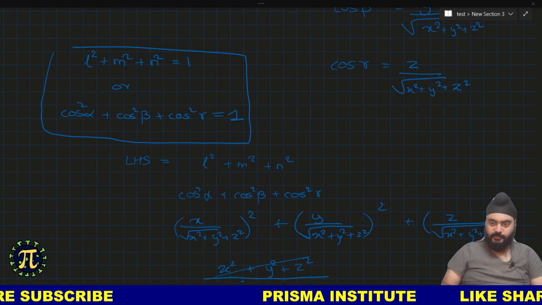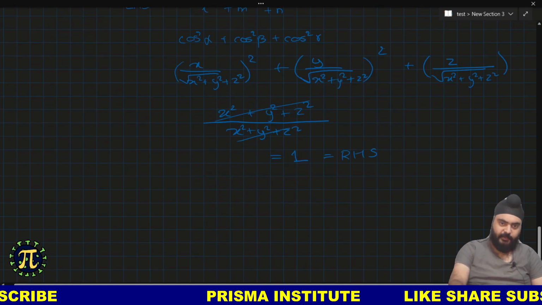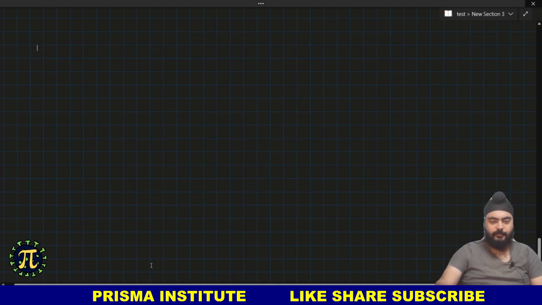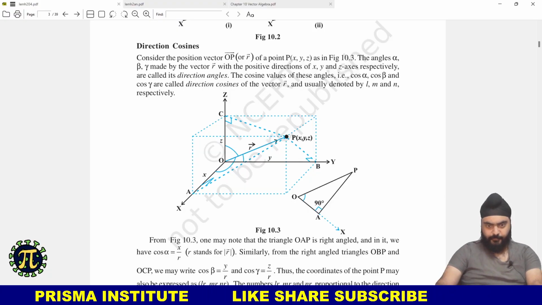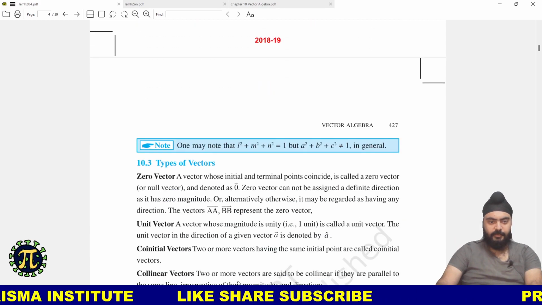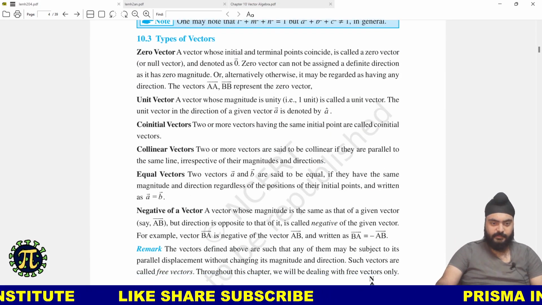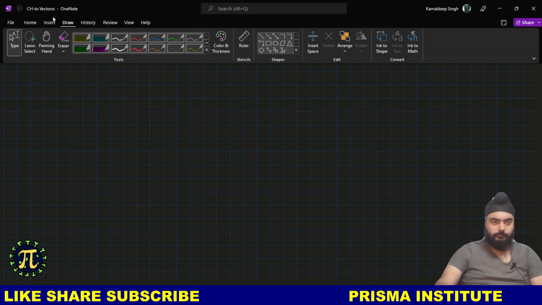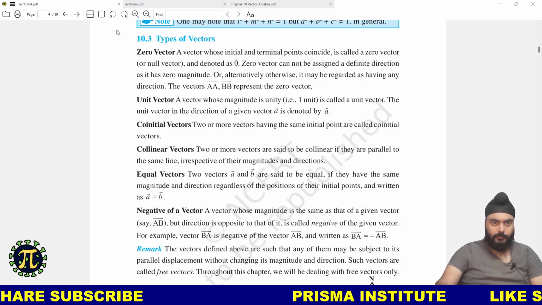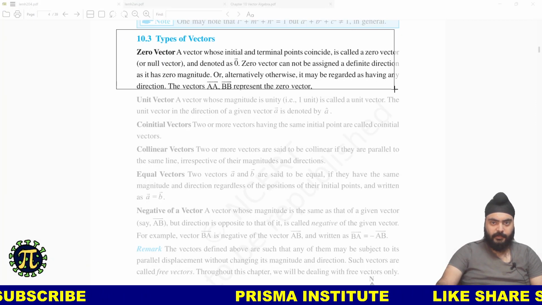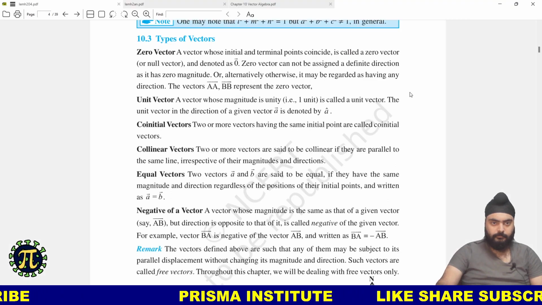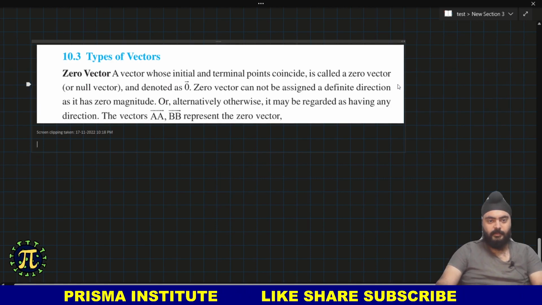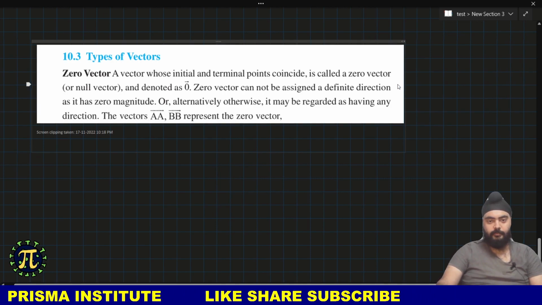So let's continue our discussion from NCERT and define some types of vectors which are given on this page. Types of vectors. Let's start with the zero vector. What is a zero vector? A zero vector is a vector whose initial and terminal points coincide.